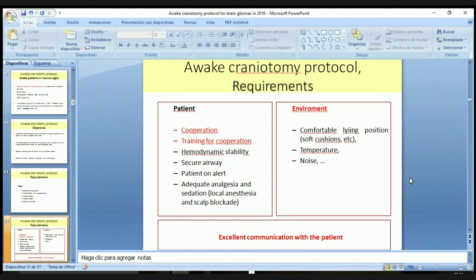We need a very good environment with a comfortable lying position, soft cushions, etc., and a normal temperature without noise. So we need to have excellent communication with the patient.